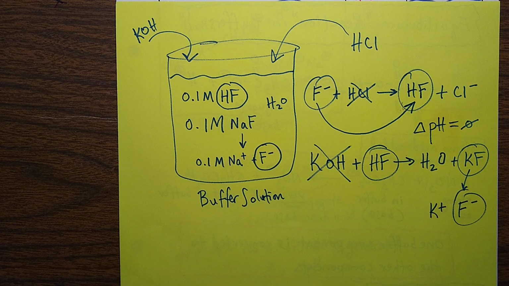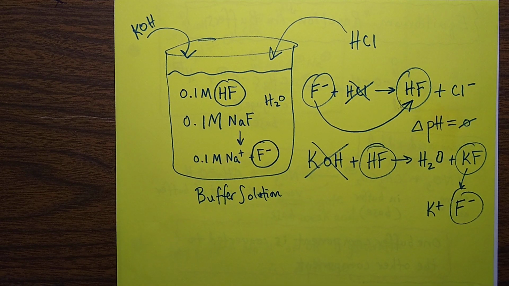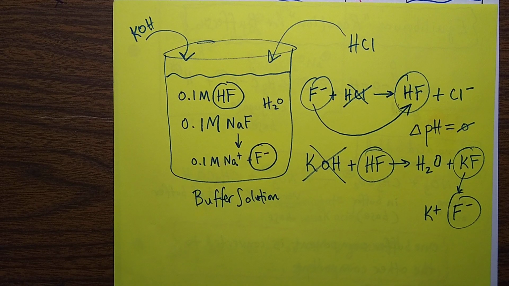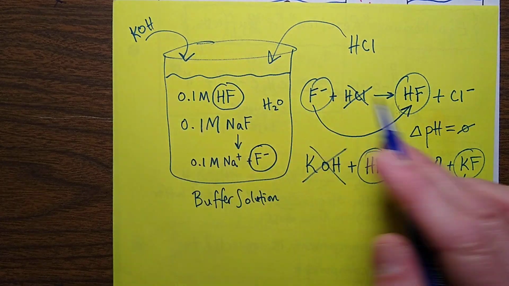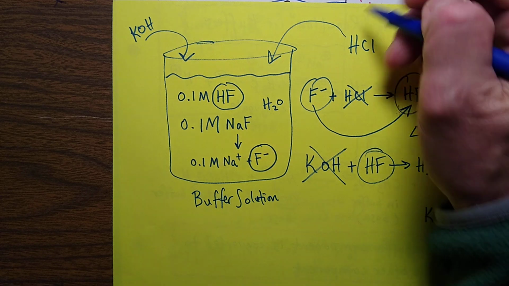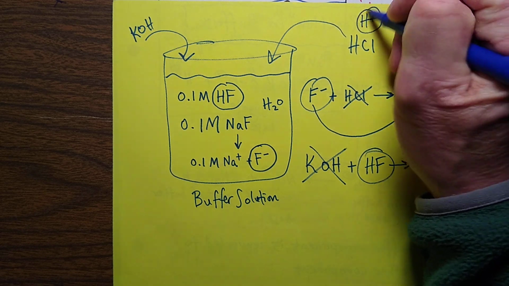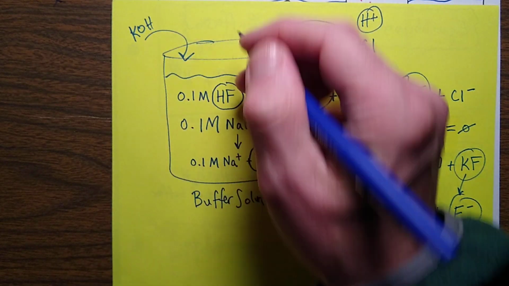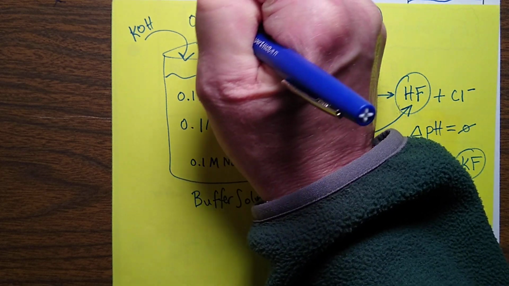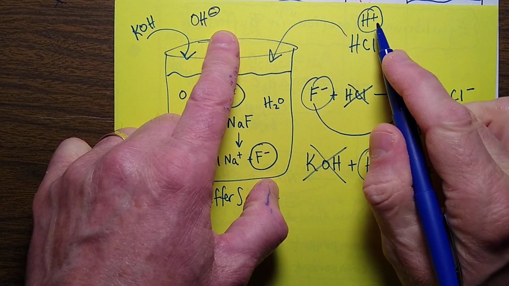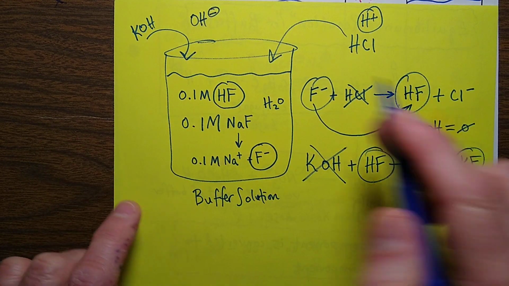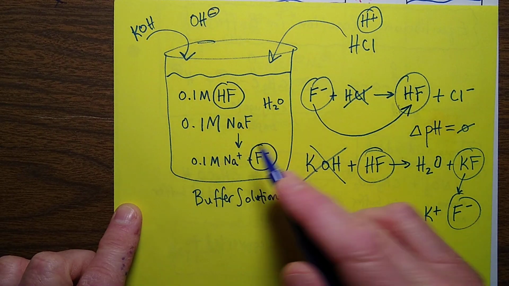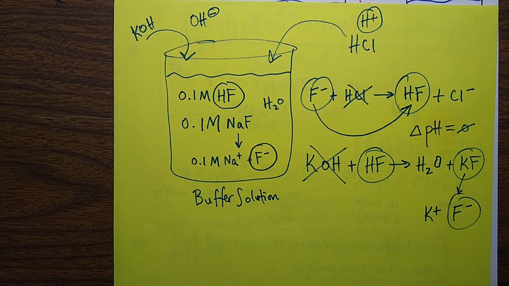So that's essentially how buffers work again, like vacuum cleaners for added H plus or OH minus. So recognize that when I add that, I'm really adding in a source of H plus, and when I add that, I'm really adding in a source of hydroxide. Those are the active parts of a base and an acid. That K plus or the sodium ions don't do anything in the solution.